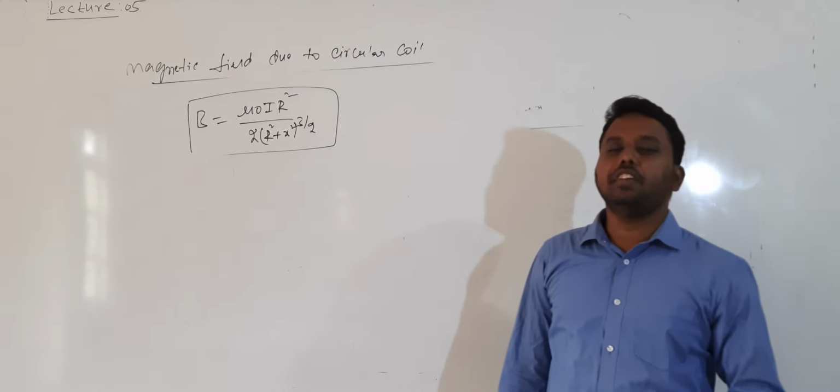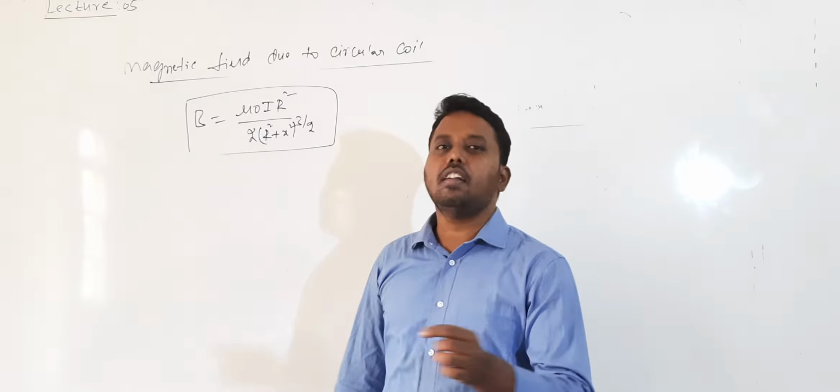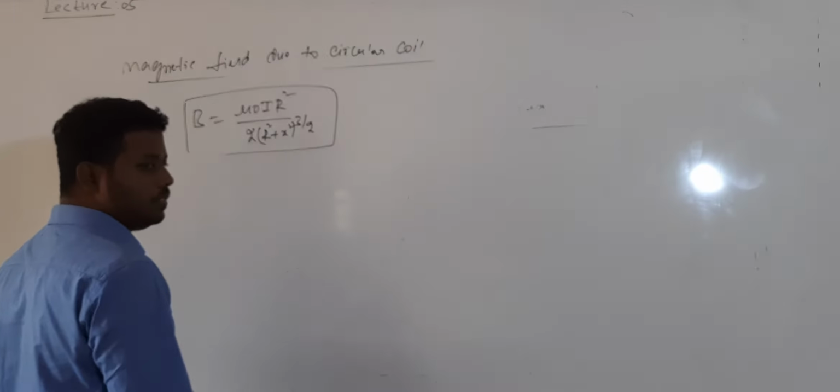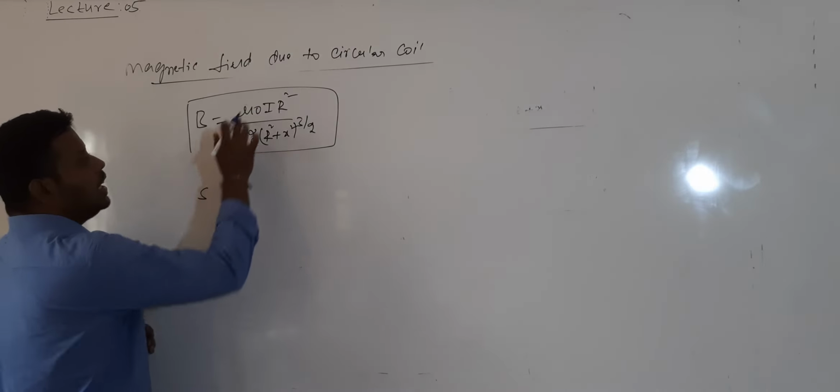The direction of this magnetic field is along the axis of the coil. In the last derivation we considered the axis of the circular coil along the x axis, so this magnetic field is along the x axis. Till now okay?